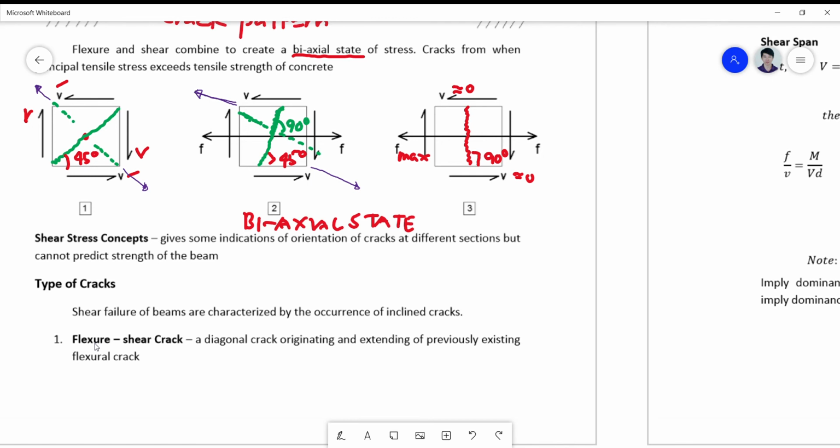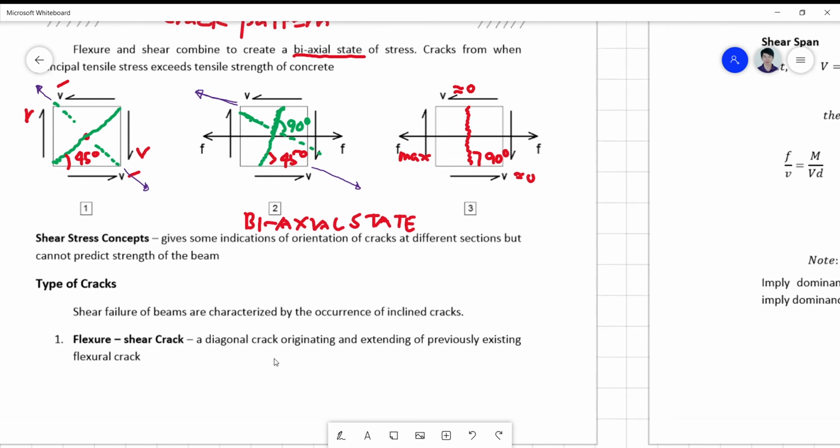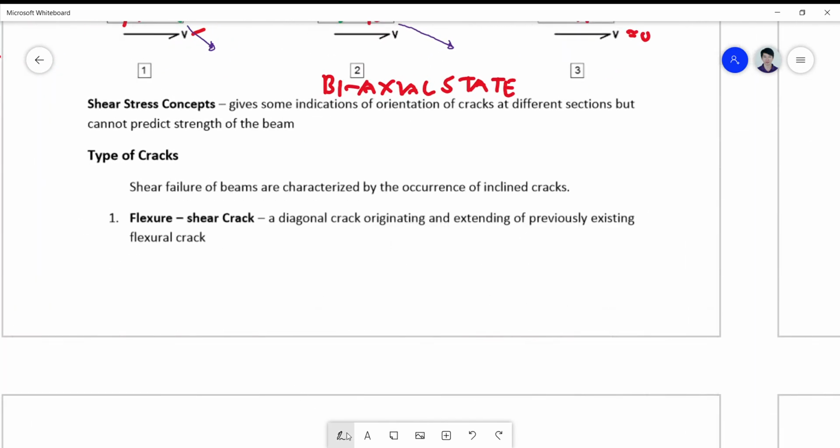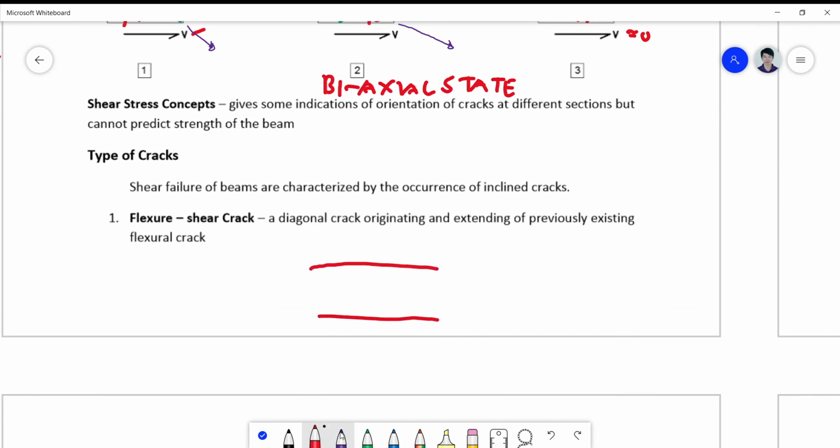Okay, and then it will continue to crack in a diagonal pattern, which will eventually be a shear crack failure. So the meaning of that is that when you have a part of the beam here, your crack originates from a flexural crack, a vertical crack, and then after the vertical crack there will be your shear crack.